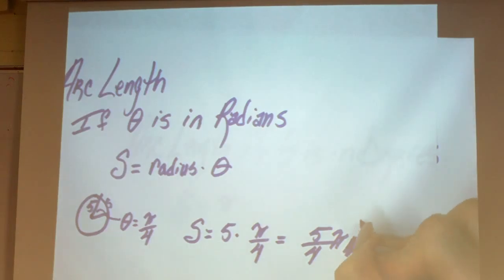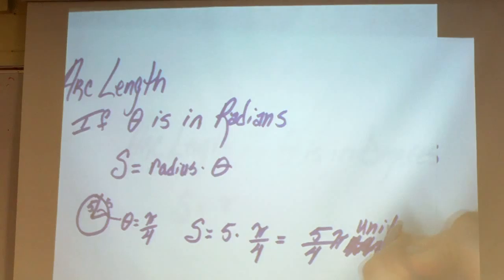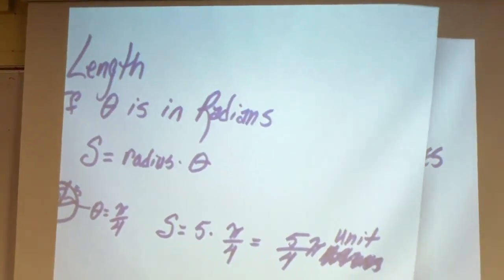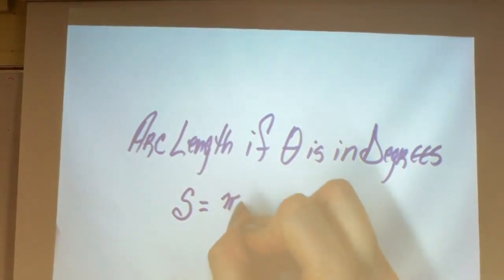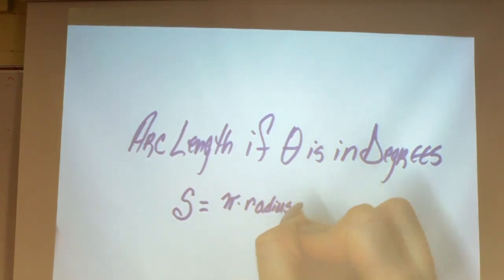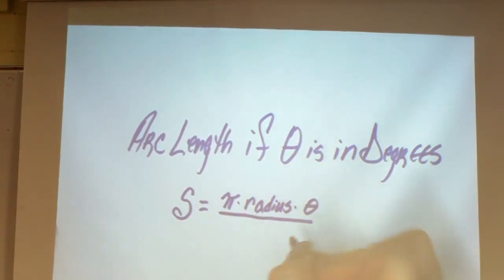It's measured in units, depending on what the length of your radius is. So if it was inches, you would say inches. Now this formula says that your arc length would be equal to pi times the radius times theta, whatever our angle is, divided by 180.